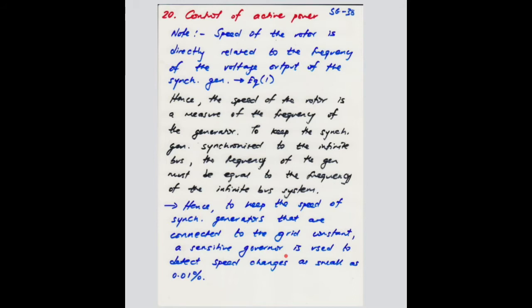So obviously you need to have a certain fixed frequency speed that you need to match. So the control loop basically tries to match that reference speed with the actual speed of the machine, right? And it detects changes that are as small as 0.01%, right?